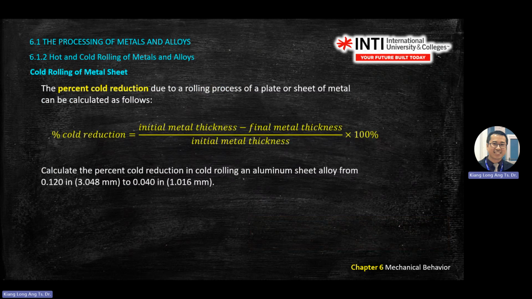The first equation for chapter 6 is called percentage of cold work or percentage of cold reduction. Cold reduction equals initial thickness minus final thickness, divided by initial thickness, multiplied by 100%.